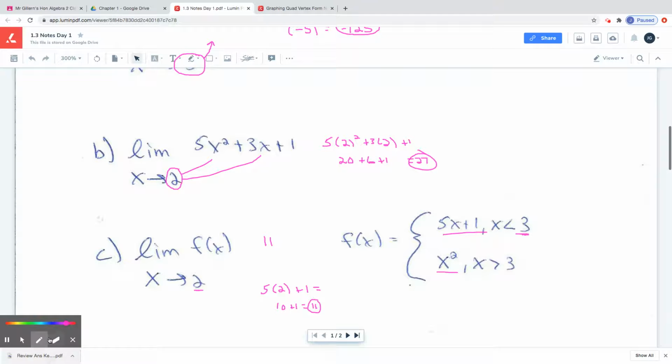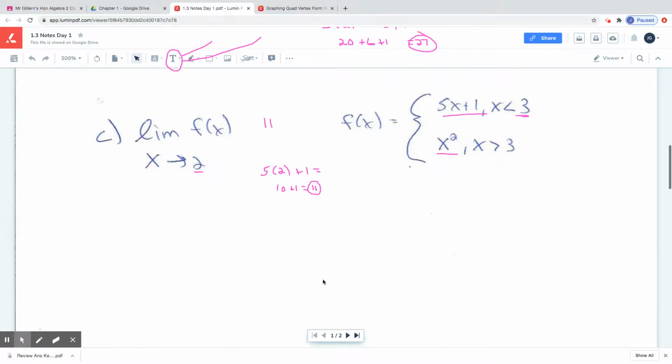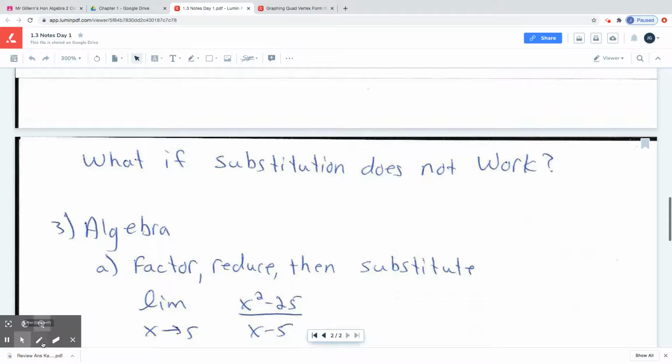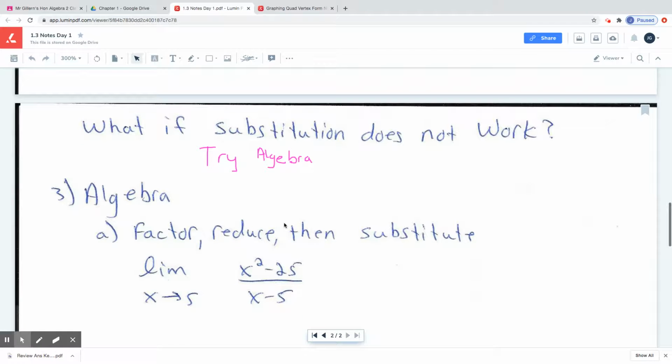Now, piece of cake, right? The problem is we're not always going to be able to use substitution. So what if substitution does not work? The first thing we will probably try is some algebra. How do I know if substitution is not going to work?